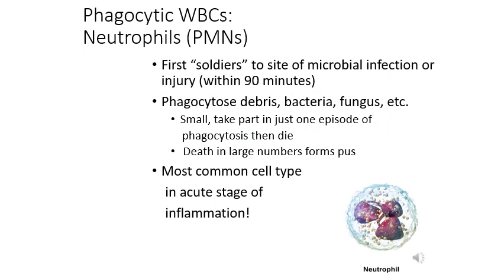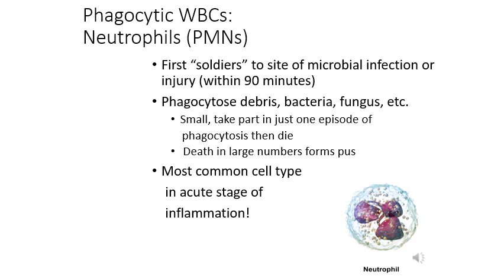The next two slides will talk about the cells that are primarily responsible for that second line of defense, the inflammatory response. So the neutrophils, the polymorphonuclear cells, or PMNs. That doesn't matter, but they have many-shaped nuclei, which is why they are called polymorphonuclear.